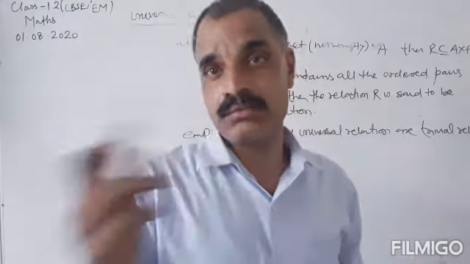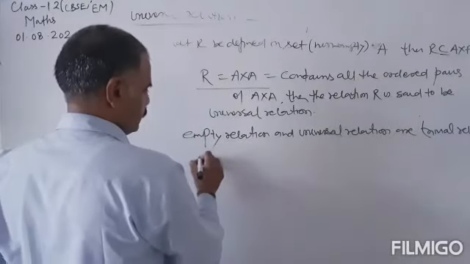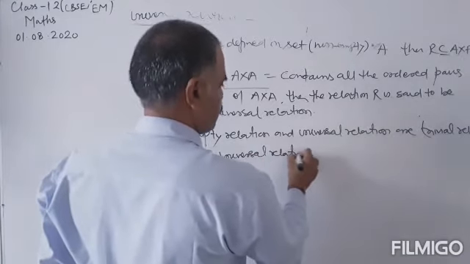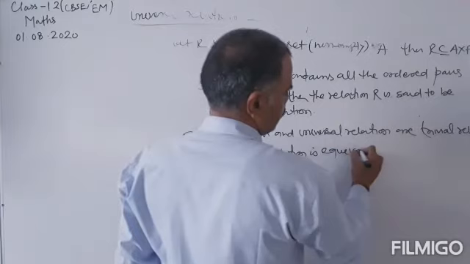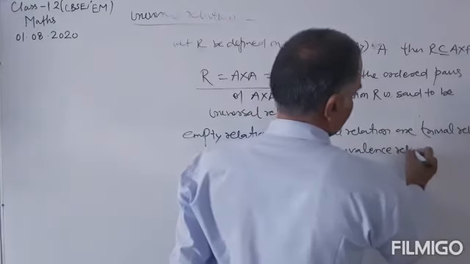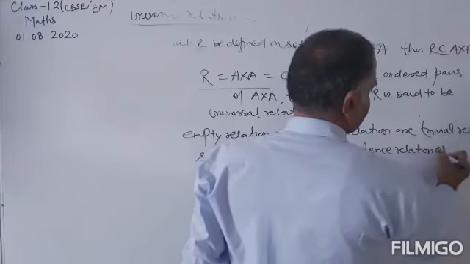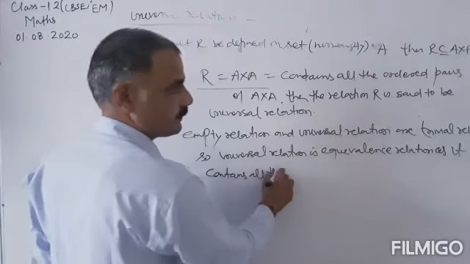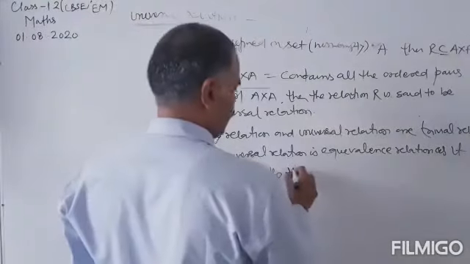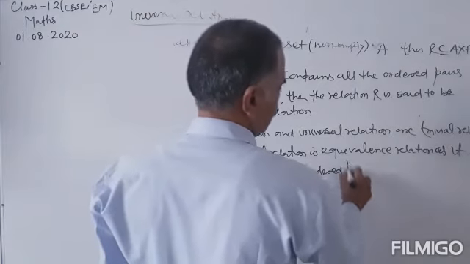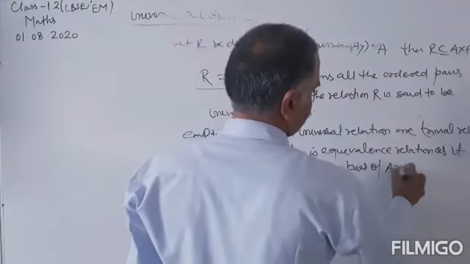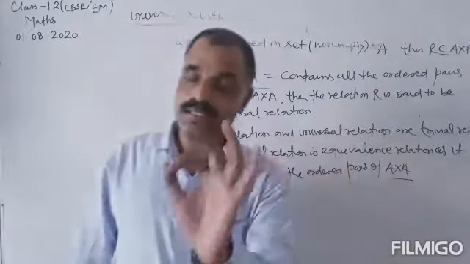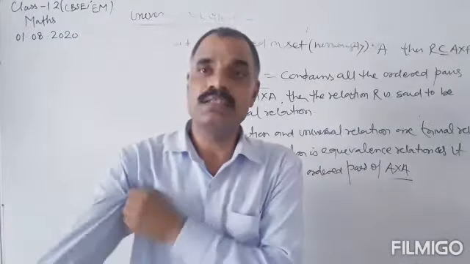That is why it is an equivalence relation also, as it contains all the ordered pairs of A into A. Okay, is it clear that universal relation is an equivalence relation?